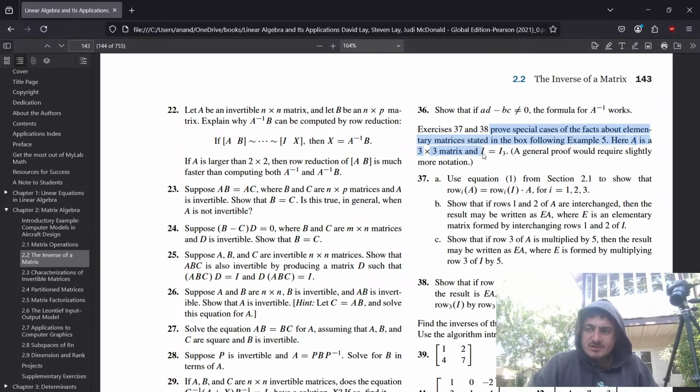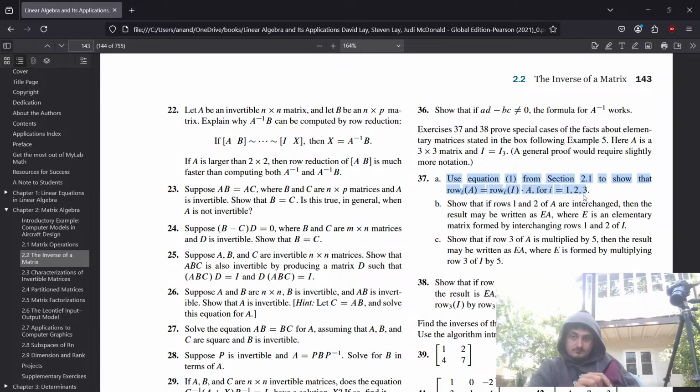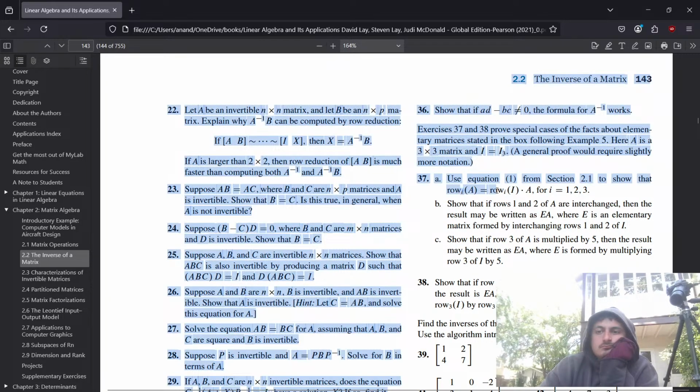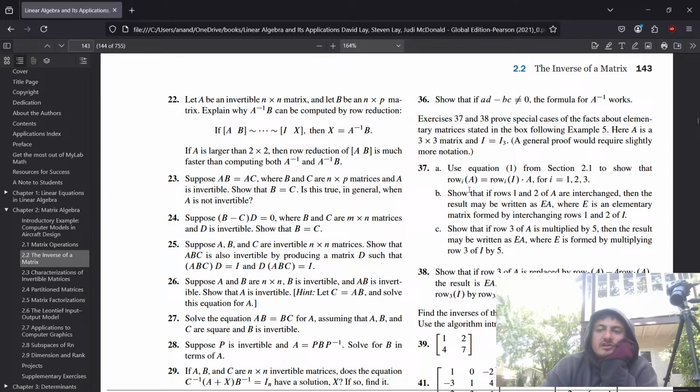37 and 38 prove special cases of the facts about elementary matrices stated in the box following example 5. Okay, this one's obvious.